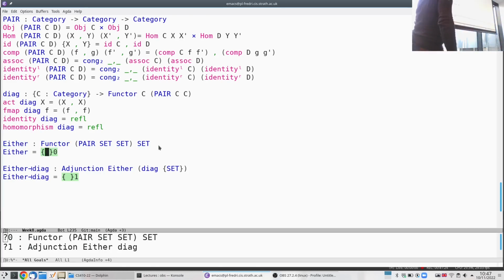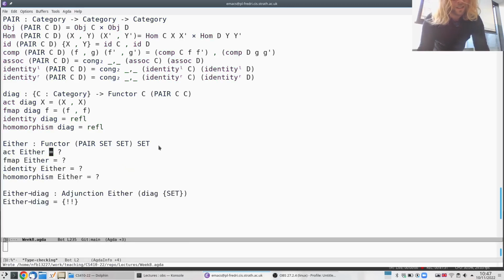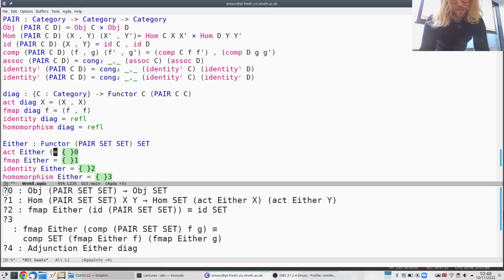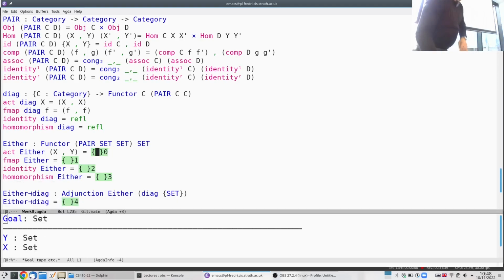So in order to make a functor from pairs of sets into sets, then on objects, that means that we are given a pair of an x and a y, and now we have to somehow combine these to make one set, right?